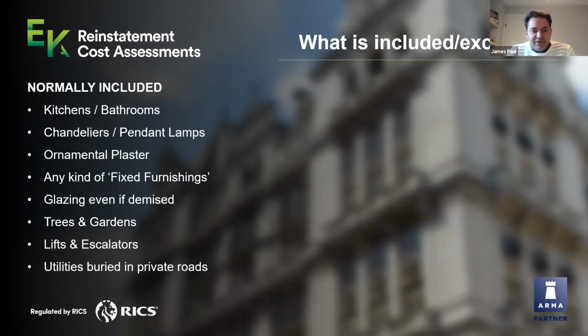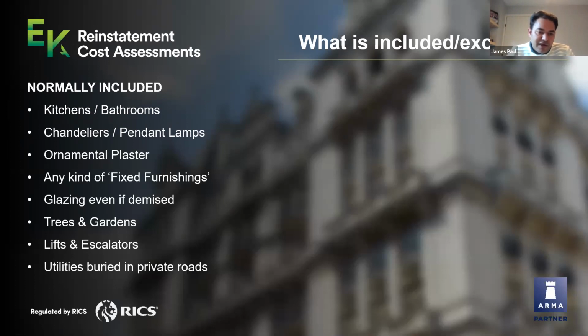And in terms of including actual features of these buildings, we normally include obviously kitchens and bathrooms. Very few people take those sorts of things with them when they move house these days. Chandeliers, pendant lamps, ornamental plaster, any kind of fixed furnishings, anything that you might conceivably leave behind, that you might consider to be part of the house rather than part of your contents, like carpets, is included in an RCA.